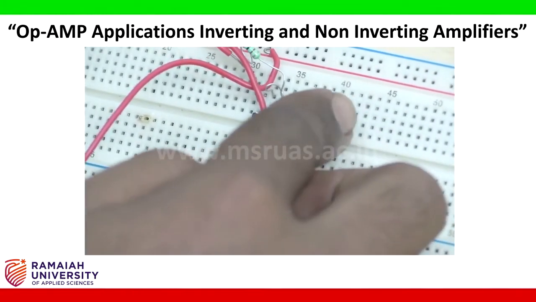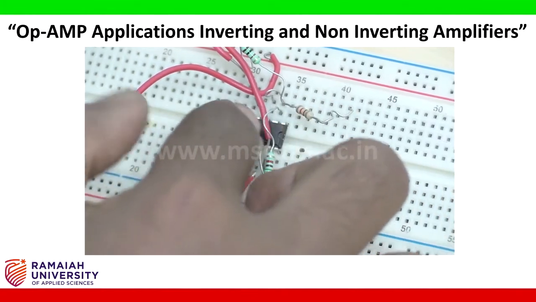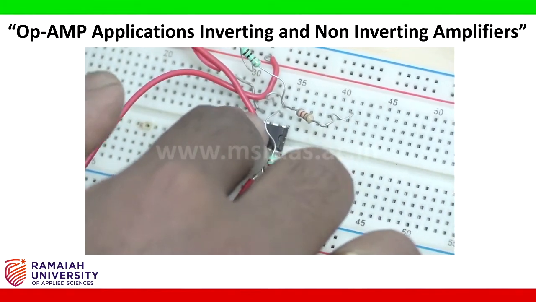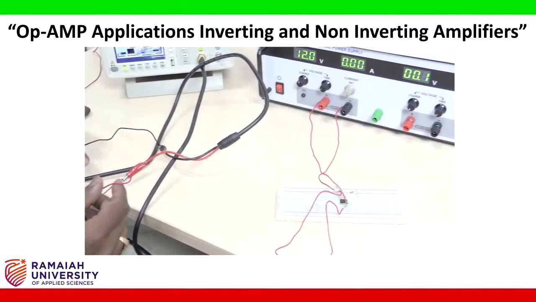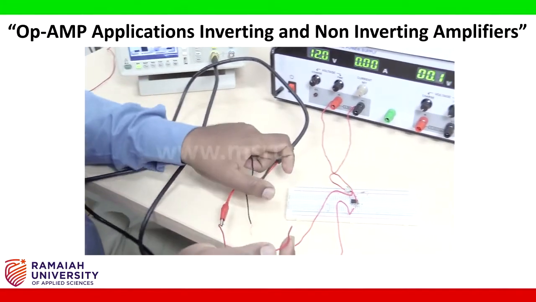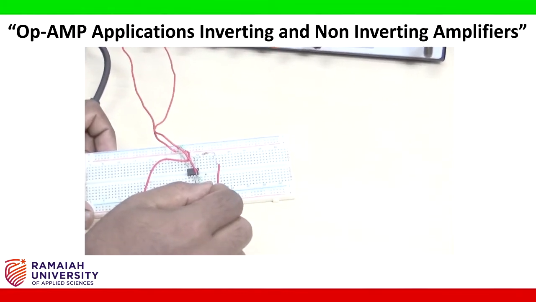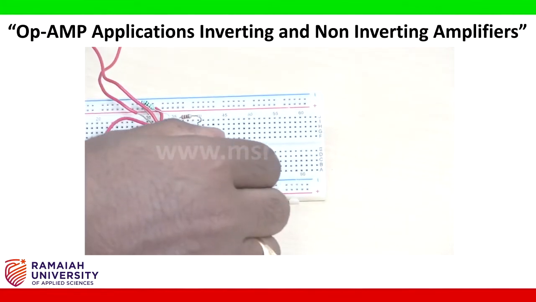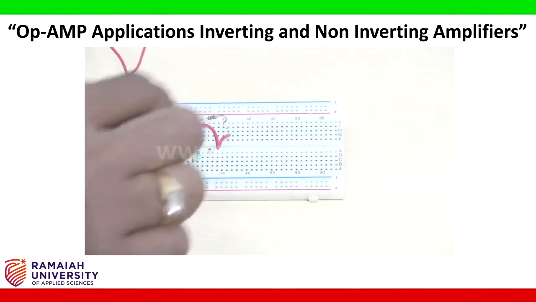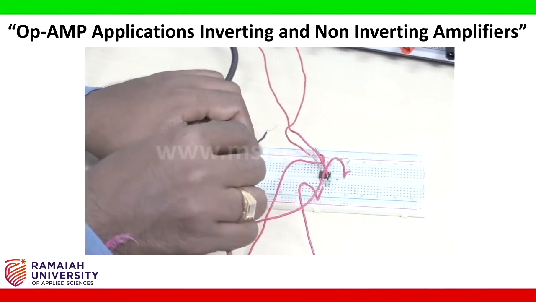Now the 833 kilo ohm will be connected somewhere in the circuit board to the terminal number 3. The same way I'm going to connect the input to the circuit. So the positive end I'm going to connect to the 833 kilo ohm, which will be connected in series to this line. So I connect this connecting wire to here. I place the input. The negative end will be connected to the ground.